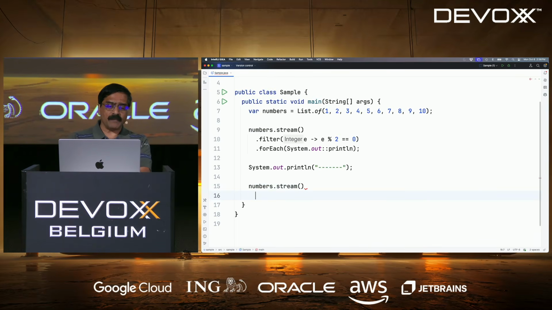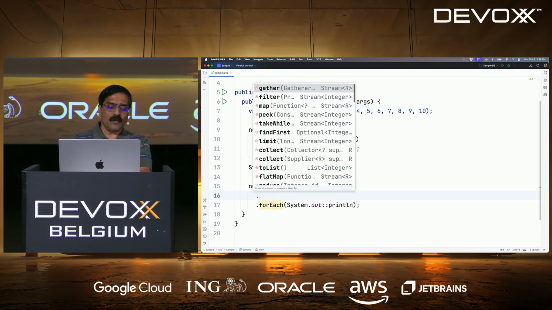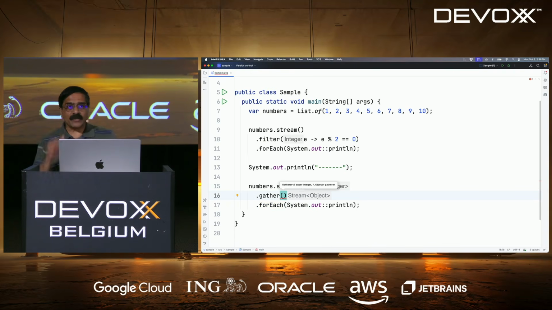So stream and then forEach, and this is System.out.println as you would expect. However, we're going to call the gatherer. The gatherer is our custom implementation. Now, how do I implement a gatherer? If you look at the gather function, it takes a Gatherer, which is an interface.